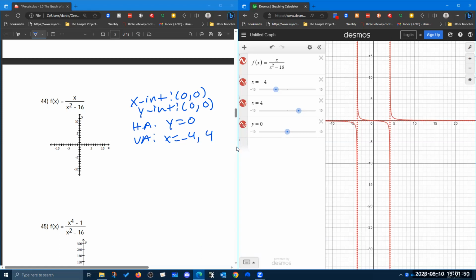It's going to approach the vertical asymptote from the right here as it goes towards +infinity. It's going to cross through 0, 0. Then it's going to approach this vertical asymptote from the left and go down to -infinity. It's going to approach the asymptote from the right that goes to +infinity. And there we go. You can make that little sketch of that graph. That one's not too bad.